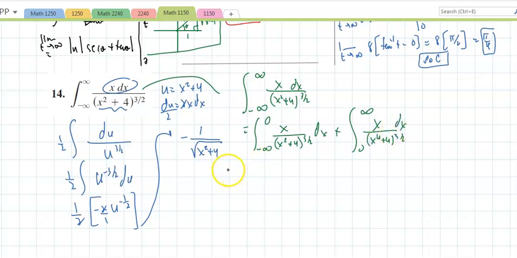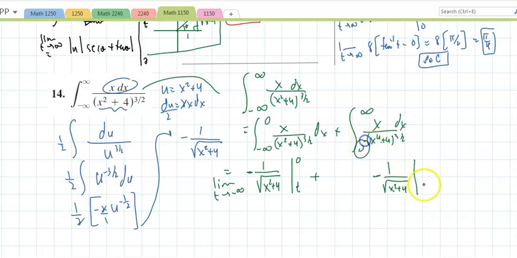So this is going to be, for the first piece, negative 1 over square root of x squared plus 4 evaluated from t to 0, taking the limit as t approaches negative infinity, plus this is going to be negative 1 over the square root of x squared plus 4 evaluated from 0 to b, taking the limit as b approaches positive infinity.